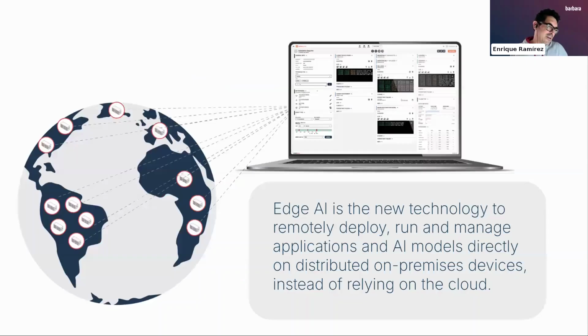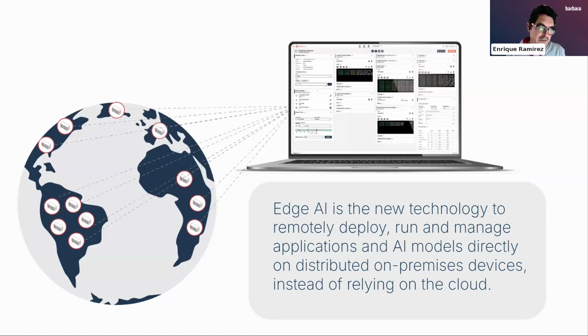Well, it is very simple. At the end, the Edge AI is a technology that helps you to remotely deploy, run, and manage applications and AI models directly on distributed on-premises devices instead of relying on the cloud. So, in short words, this is basically moving your workload from the cloud to machines that are located in the edge.